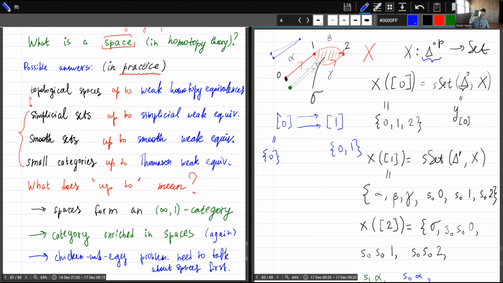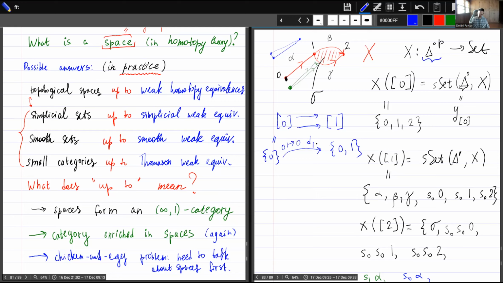One of those morphisms sends 0 to 0, and the other one sends 0 to 1. The morphism that sends 0 to 0 is traditionally called D1 because it skips 1.